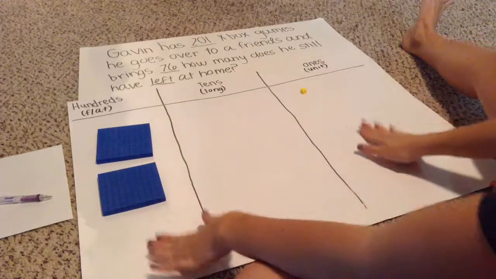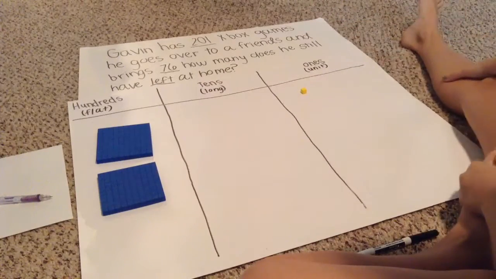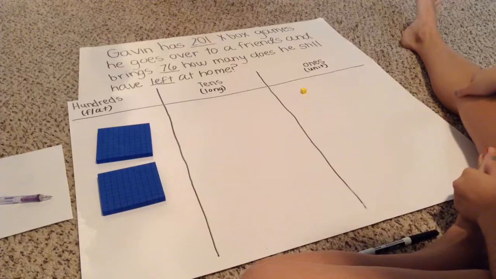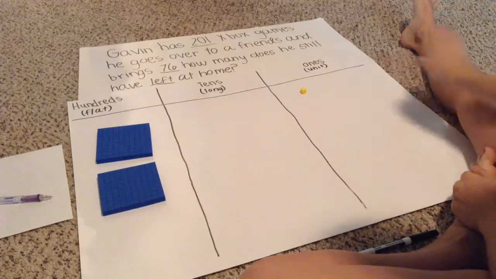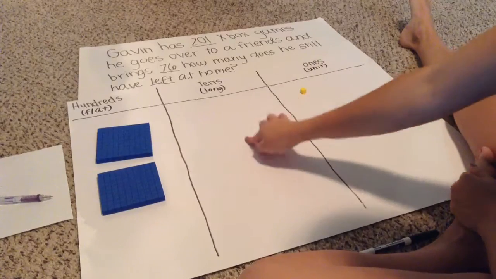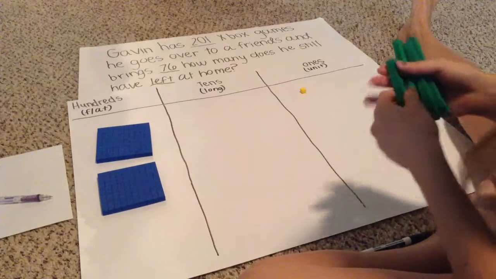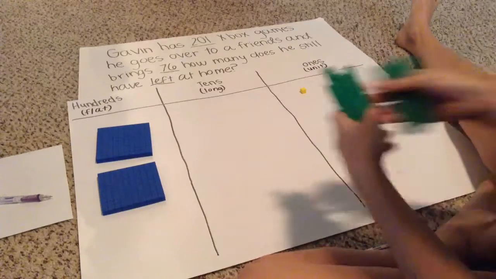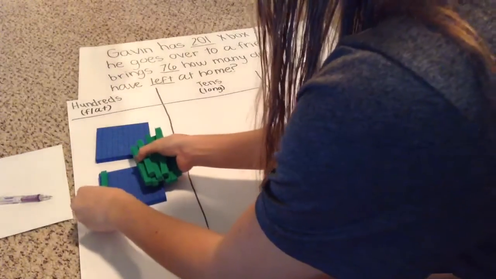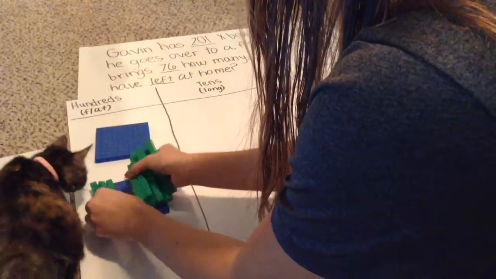So here we have 201. Now we need to subtract our 76 that he brought to his friend's. We start with our ones unit first. Since we can't subtract 6 from 1, we have to regroup. Since we have no longs in our 10 spots, we have to make a flat into 10 longs.